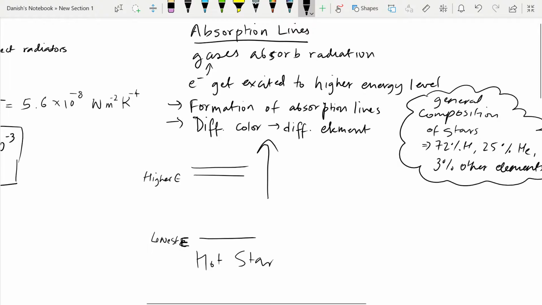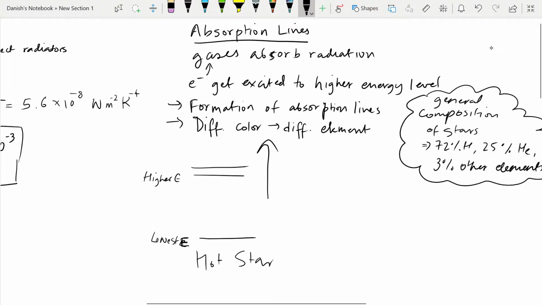Essentially, that would result in the fact that we wouldn't see visible absorption lines, since nothing is being absorbed.